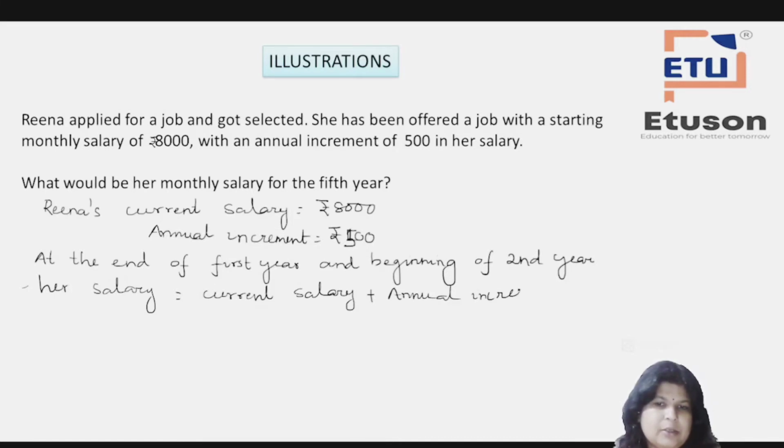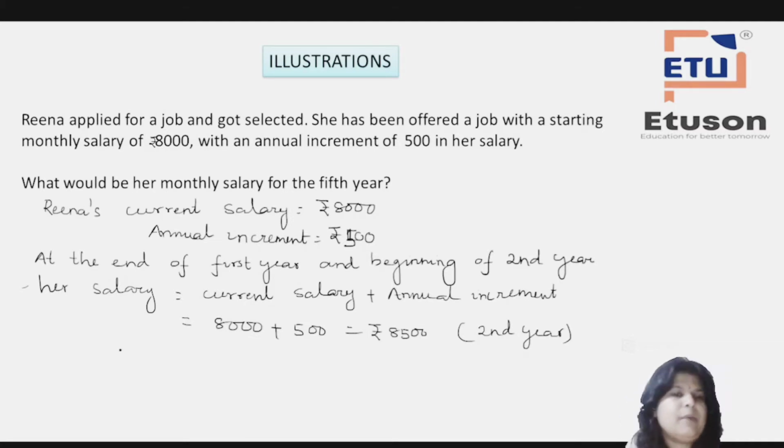Correct or not? So her salary in the second year will be 8,000 plus 500, that is 8,500. Okay, her salary at the beginning of the second year will be 8,500.